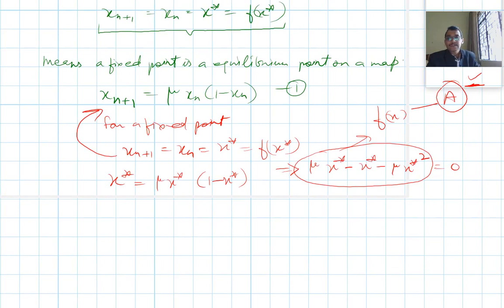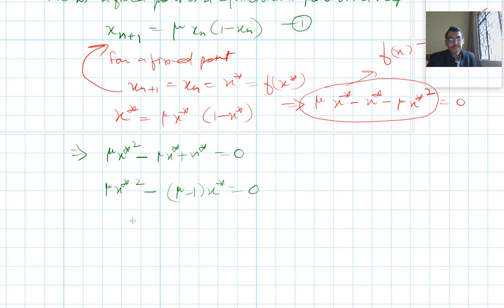Now this equation can be written as mu x*^2 - mu x* + x* = 0, and it is mu x*^2 - (mu - 1) x* = 0.